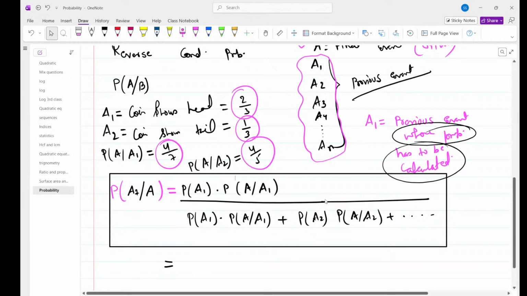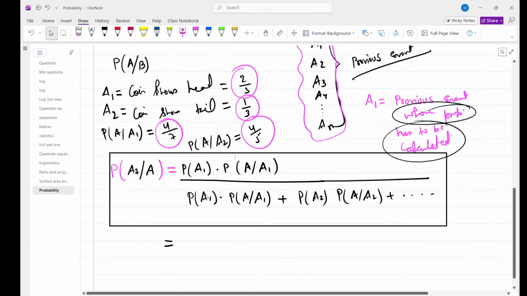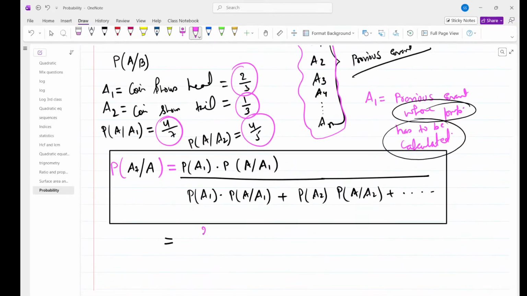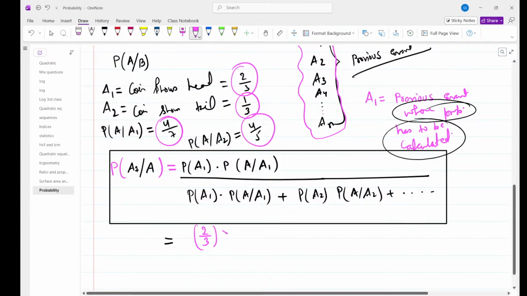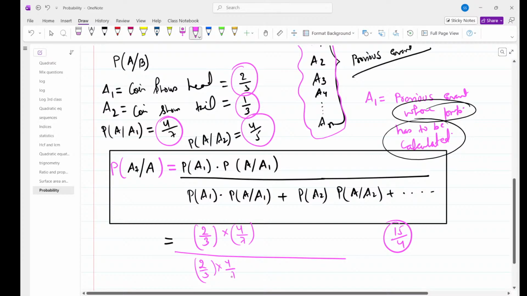Okay. If your calculation is correct, then okay. Any doubt? If you check, 2 over 3 times 4 over 7 is 8 over 21. How can probability be more than 1? What you are getting is 15 over 4. Check your calculation.